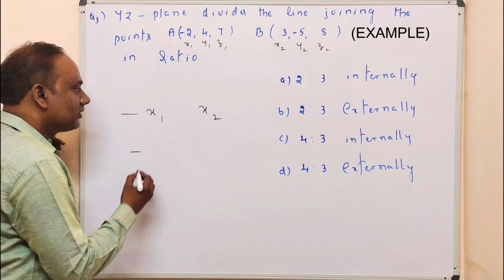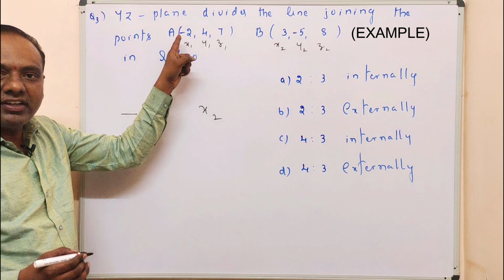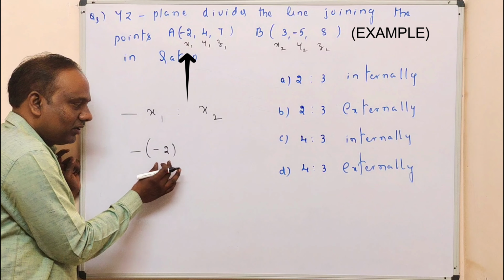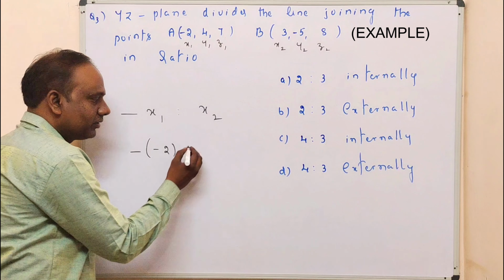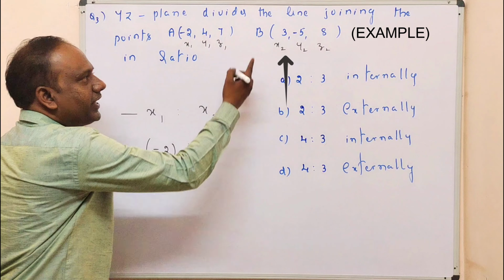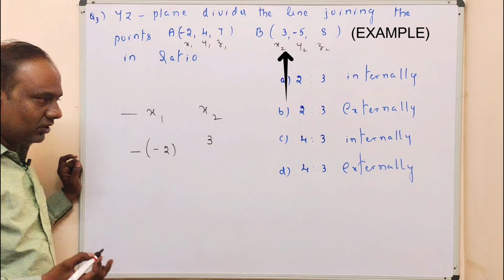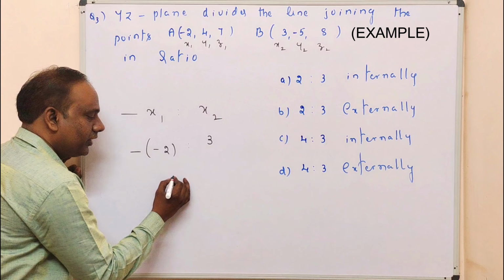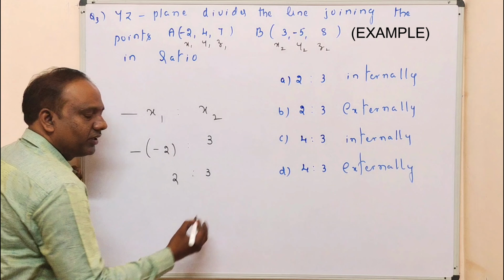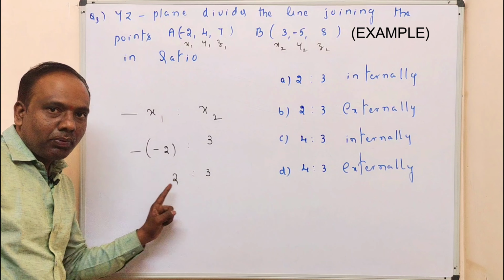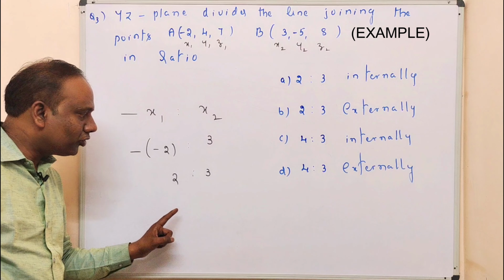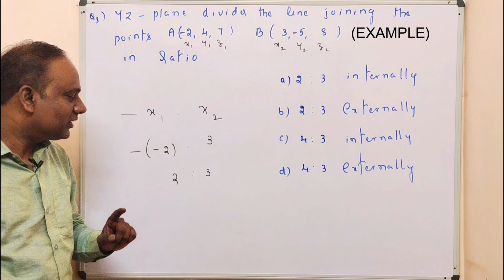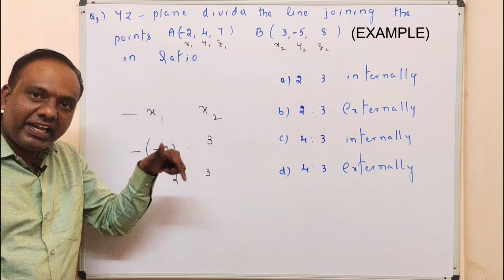Here x1 is minus 2, so put it in brackets, is to x2, which is 3. Minus into minus is plus, so it is 2 is to 3. Both are positive, so the YZ plane divides in the ratio 2 is to 3 internally.